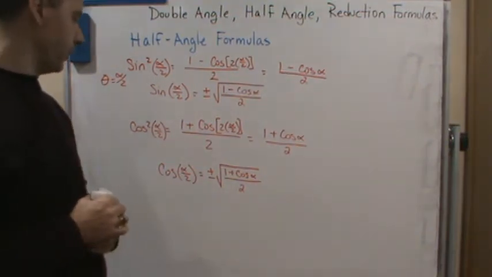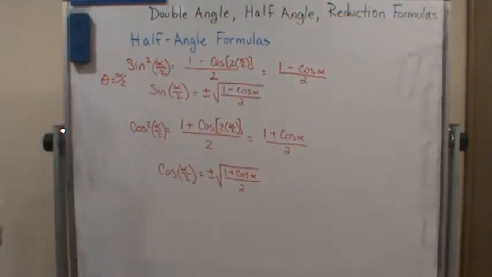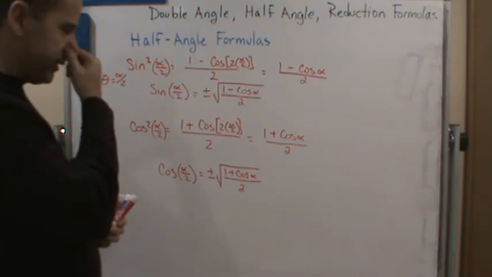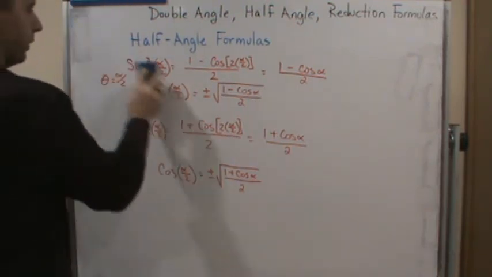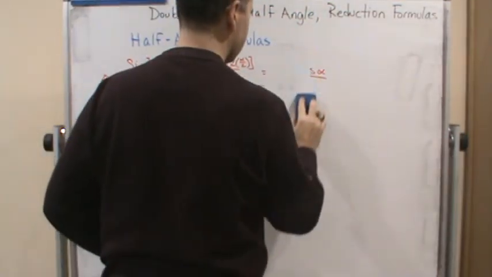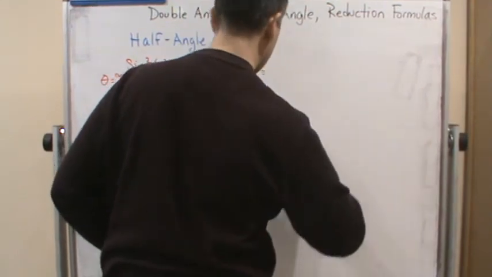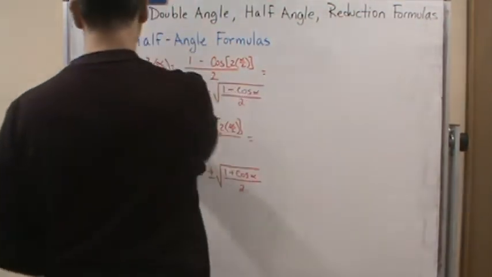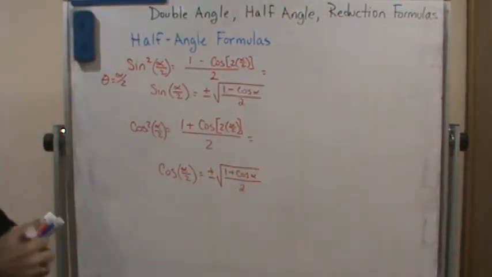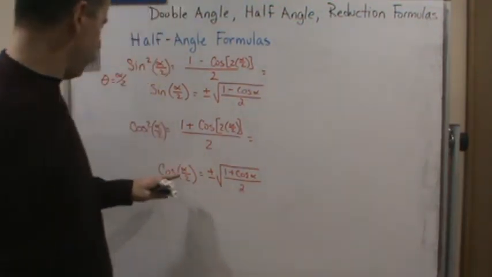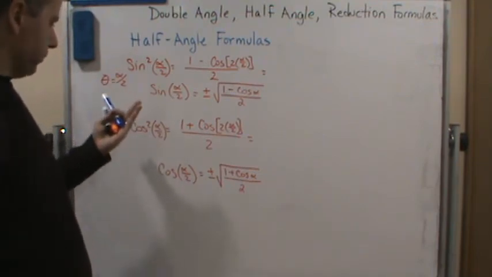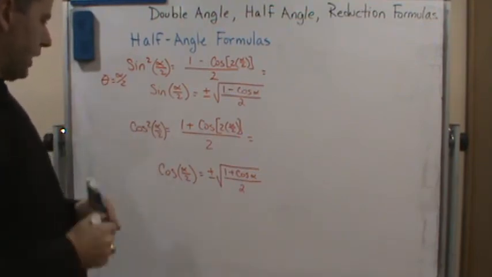And then finally, now that we have this, what about tangent? If we look at the double angle formula for tangent, we just do the exact same thing. All we have to do is remember that tangent is sine over cosine.